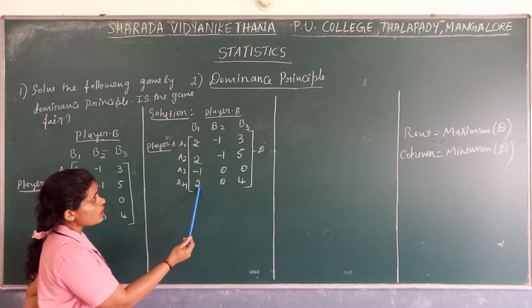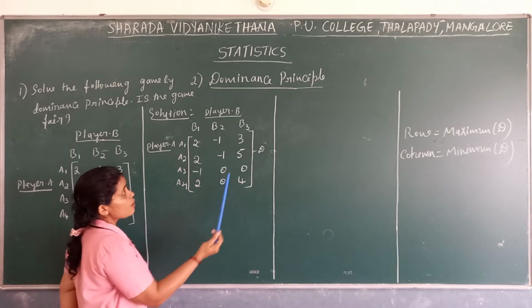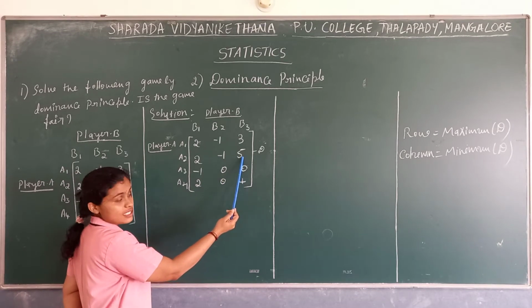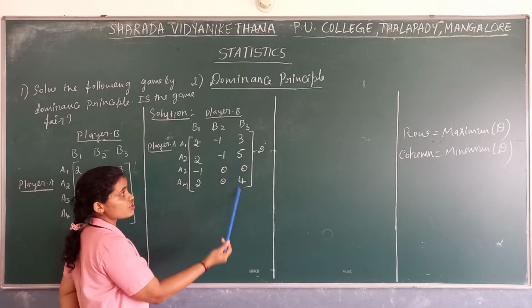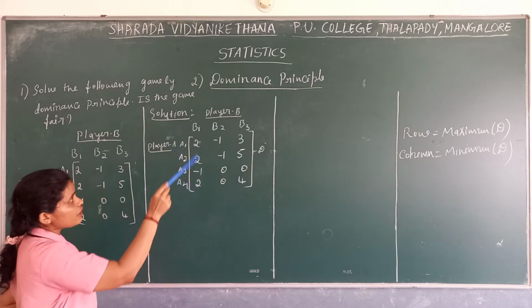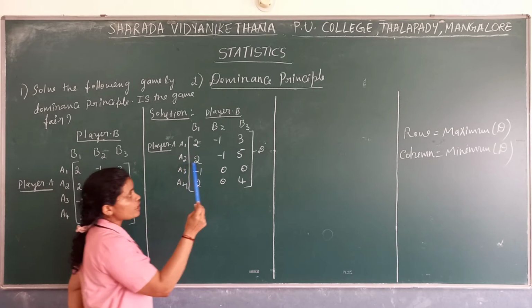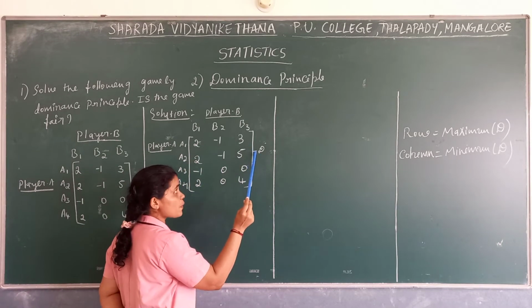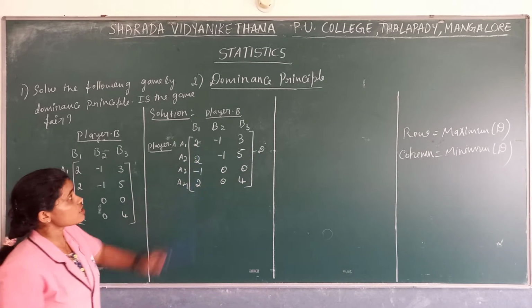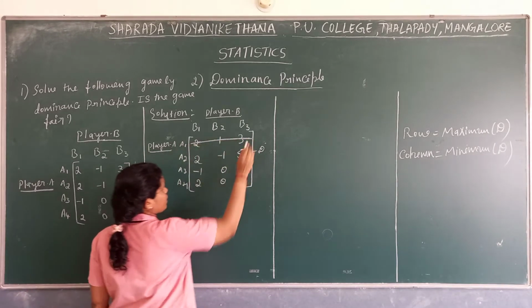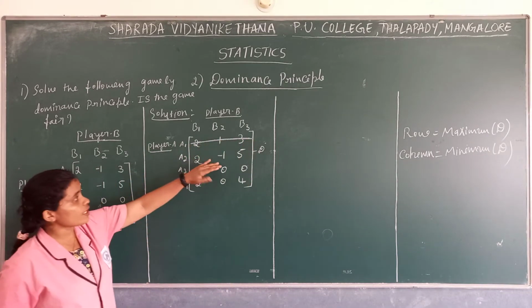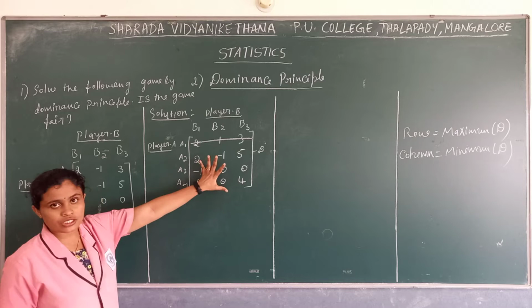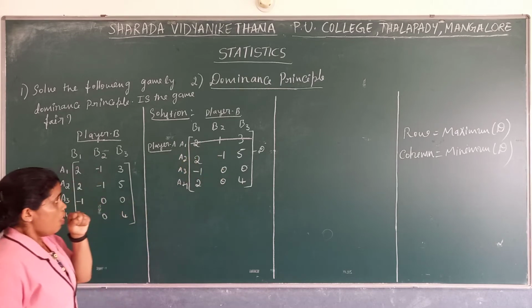Here it is equal, here this is greater, but here 5 is greater than 4, so comparison is not possible here also. So this row dominates only A1. With these two rows comparison is not possible.